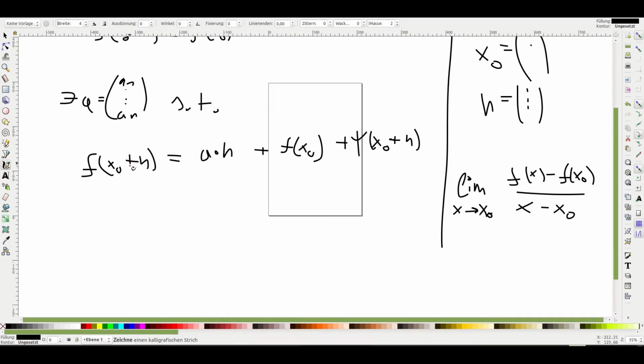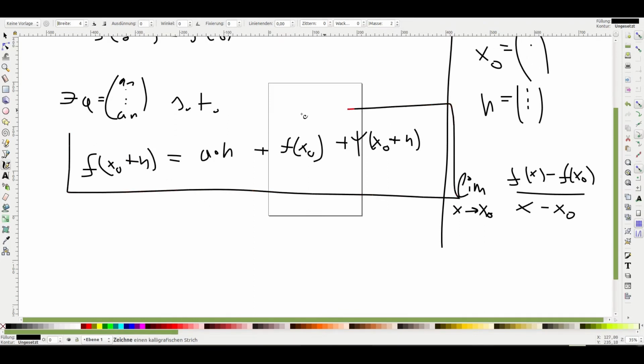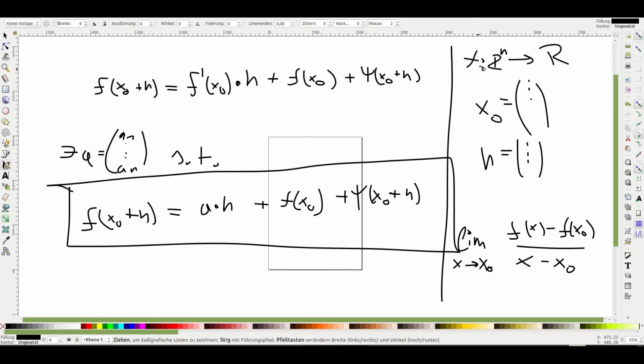Okay, now this is the definition of total differentiability of a function that goes from R^n to R.